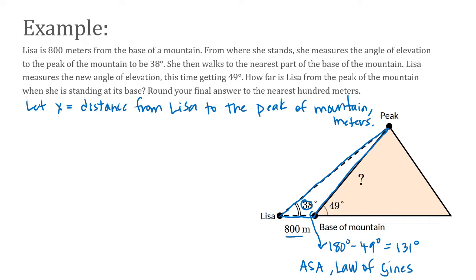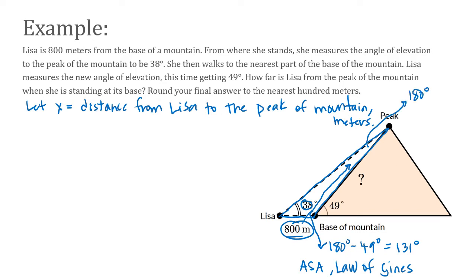Okay, and what we need with the law of sines is an anchor, right? So we have the 800 meters. The angle across from it is what we need to determine. Well, if we have 38 degrees and we have 131 degrees, then this little angle up at the top, what is that?